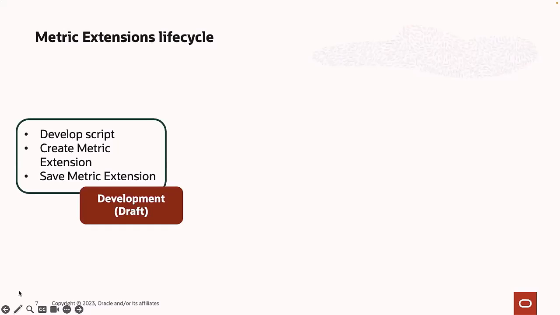And once a metric extension has been defined, it's time to create and test that metric extension. Creating a metric extension saves the metric. And from this point, you can continue to develop that metric, or you can return later and continue where you left off.